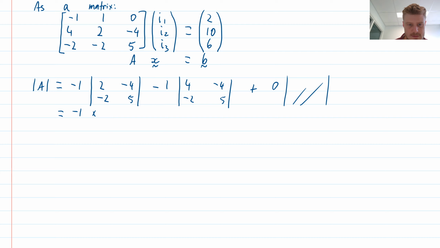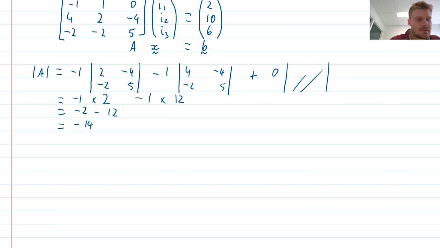So it is 2 times 5 minus 4 times minus 2, which is 2, minus 1 times 4 times 5 minus 2 times 4, which is 12, plus 0. Then this will give me a minus 2 and a minus 12, so this is minus 14.